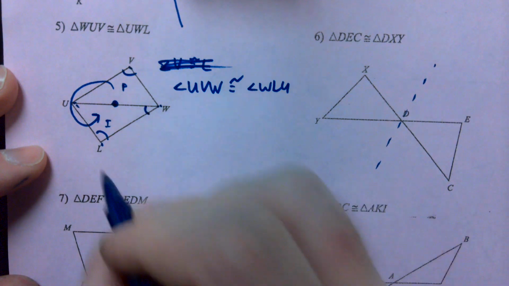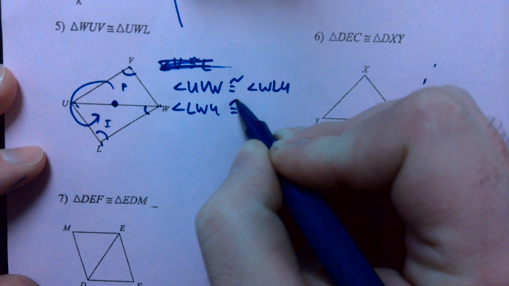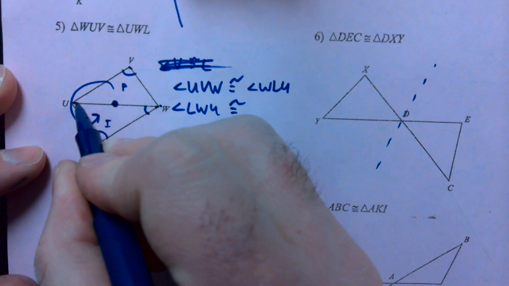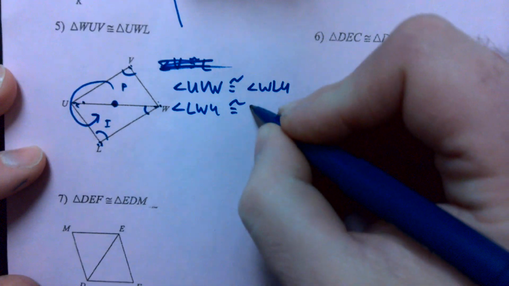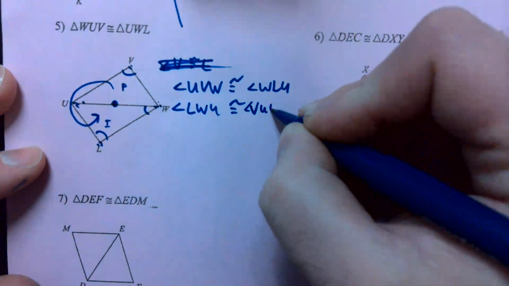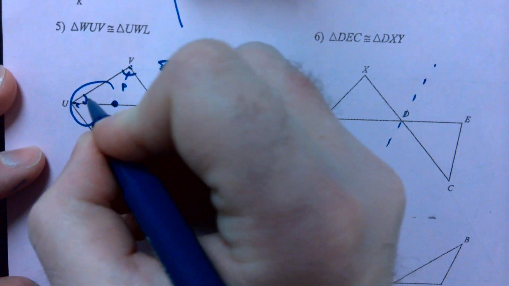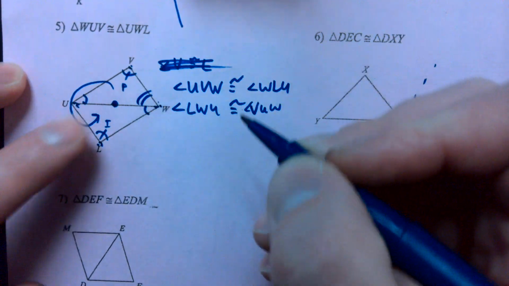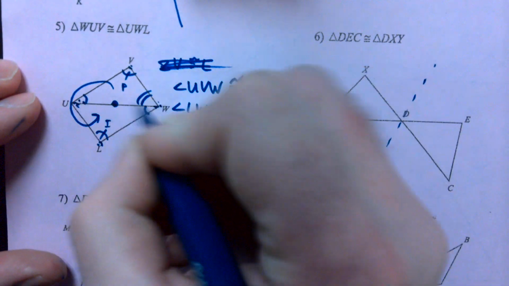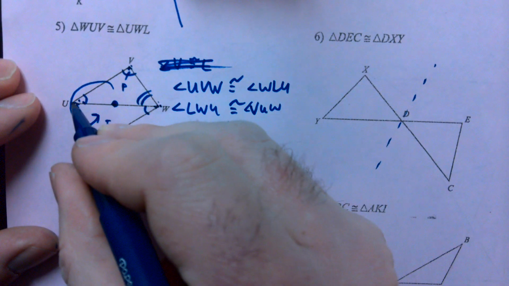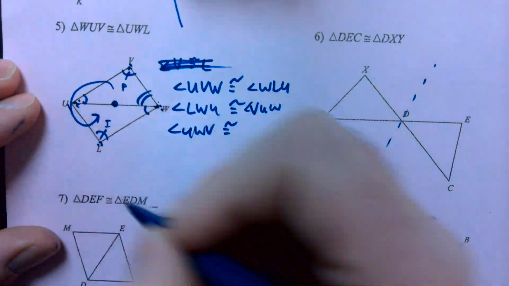This little guy here, LWU is congruent to VUW. And then angle UWV is congruent to WUL.